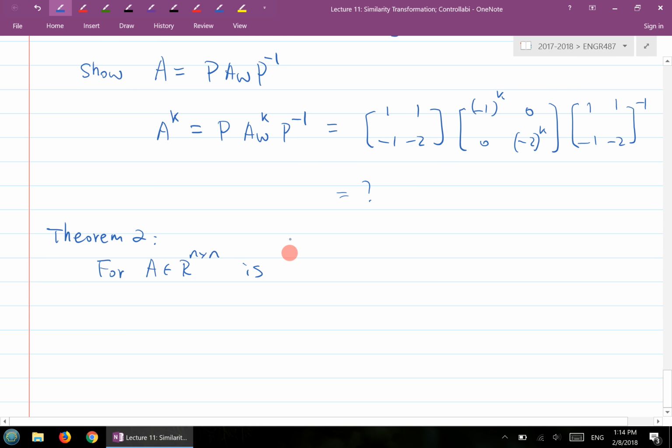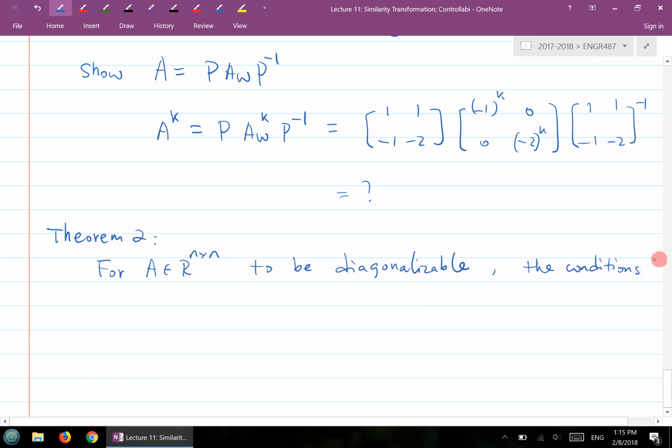For this matrix to be diagonalizable, the condition is: if and only if A has n linearly independent eigenvectors.